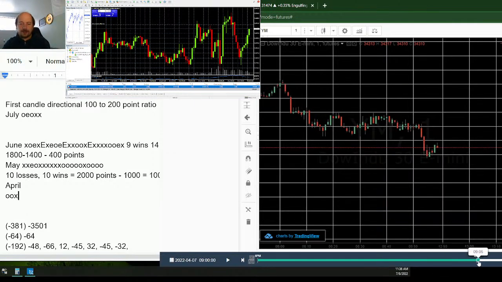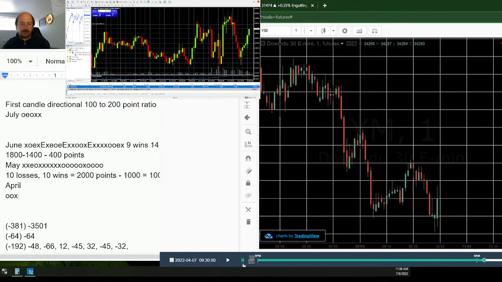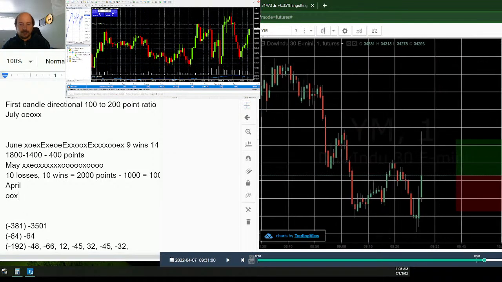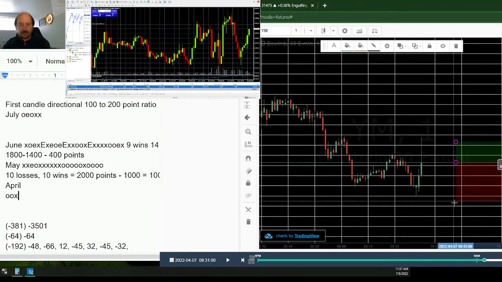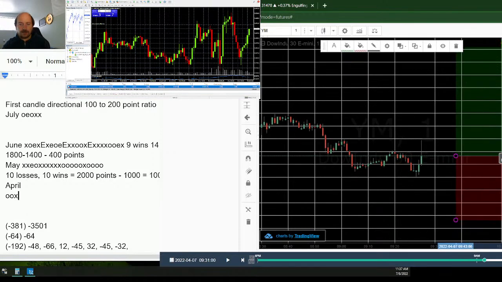Okay, 9:30. Okay, 9:31. It's green. We're gonna go long. It looks like a downtrend to me. All right, yeah, it's consolidating there. 100 to 200.